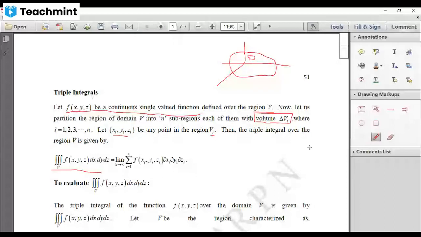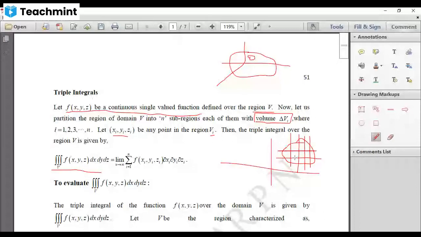In the case of double integral, we partitioned the given region into rectangles, where the rate of change in the length, that is x-axis, is delta xi, and the rate of change in height, that is y-axis, is delta yi, so that each rectangle has area delta xi into delta yi.